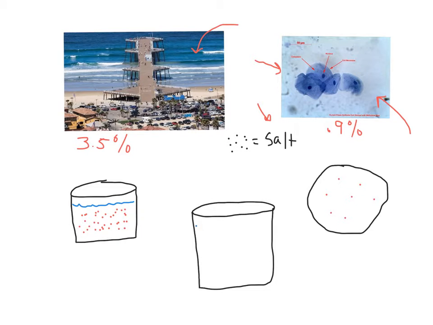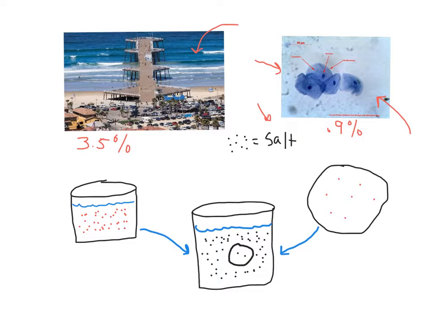So, if we filled up this beaker with ocean water, our salt's going to be black this time, and then we place this cheek cell inside that beaker of ocean water, well, first, the ocean water is going to have a lot of salt. The cheek cell that we placed in it is going to have much fewer molecules of salt in it.